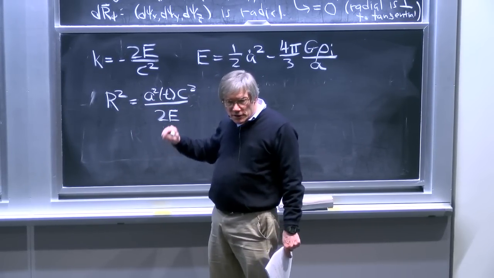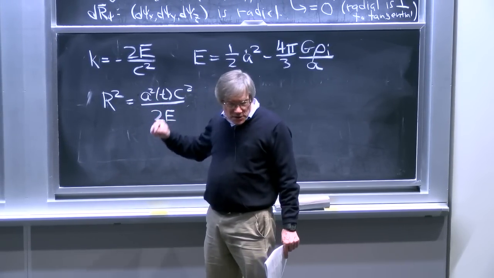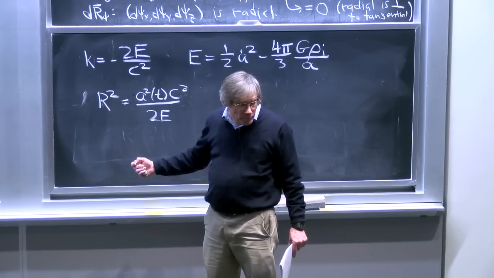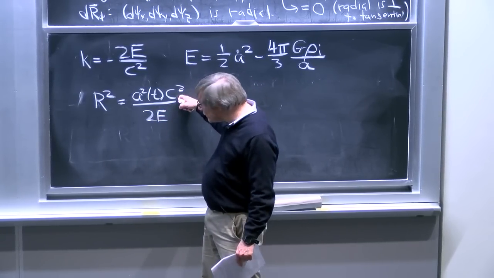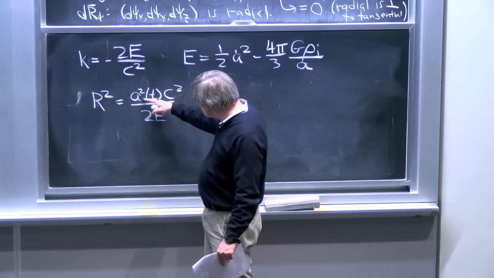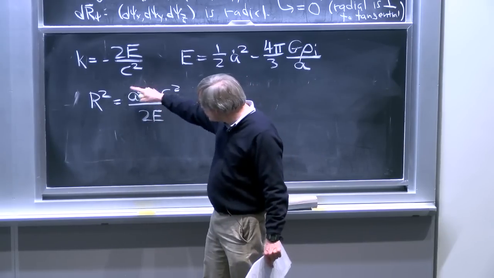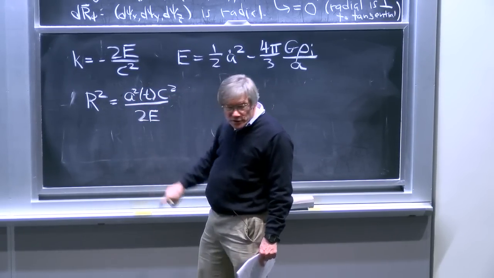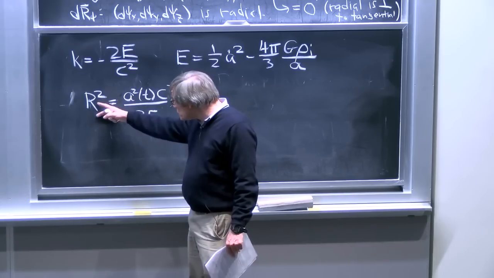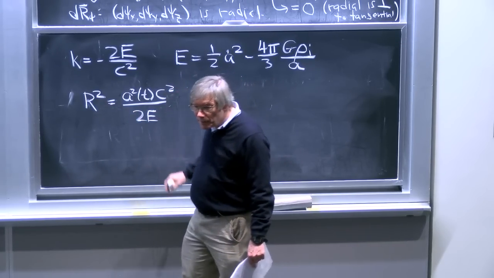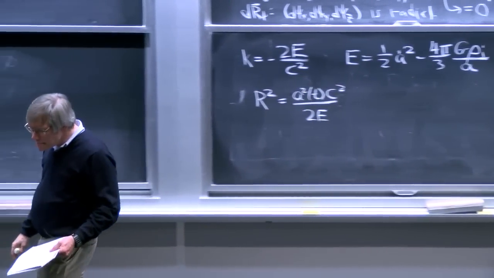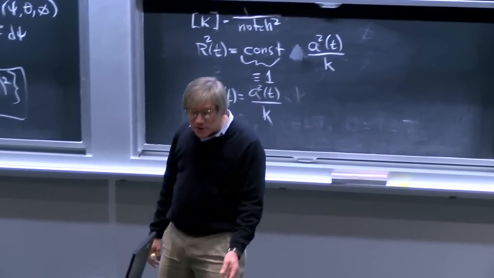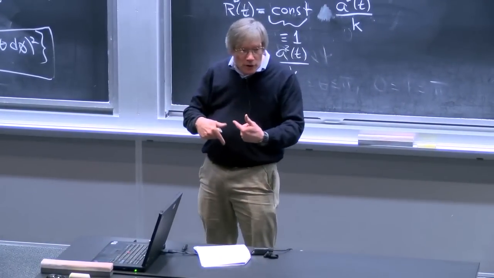We think of relativistic effects as effects that disappear as the speed of light goes to infinity. So this formula tells us that as the speed of light goes to infinity for fixed values of things like the mass density, which are buried in a squared of t, r squared goes to infinity. Now, infinity may sound like it's backwards, but it's the right way. 1 over r is really the curvature.